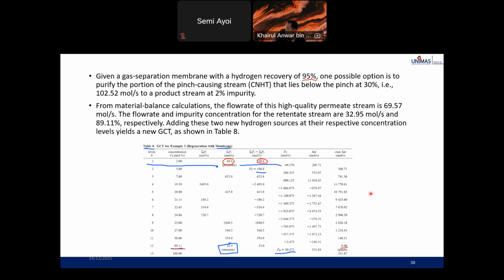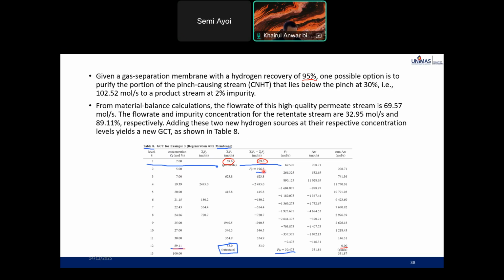Meaning the FF here is at concentration level 2, 5%. Concentration level 2, concentration level 1, we have the value. This one is based on this statement. But for 5%, which is the feed or the import, we don't have the value.